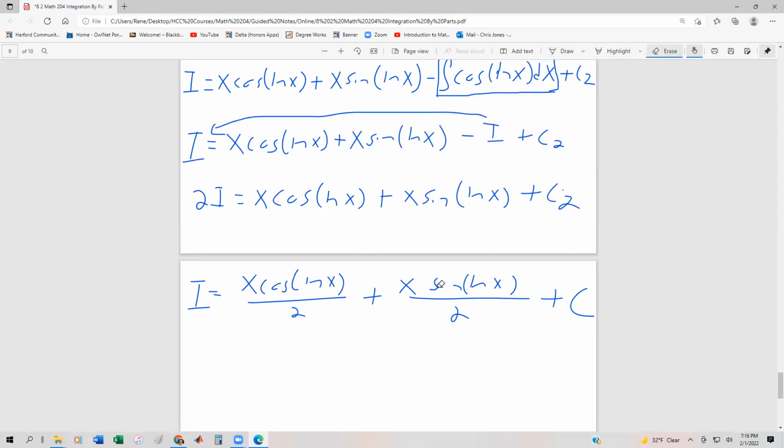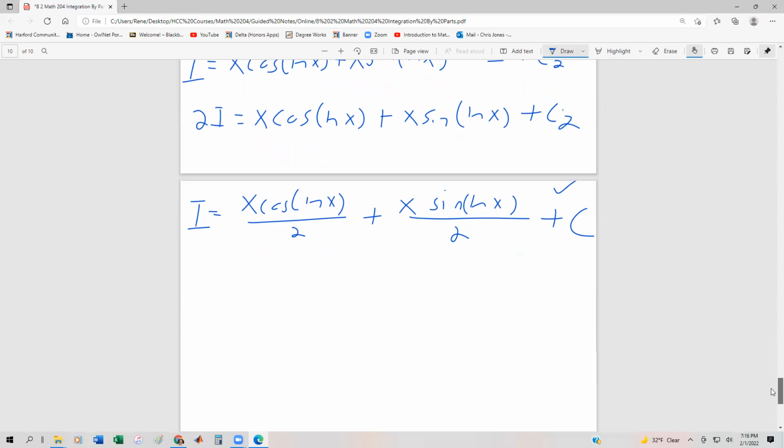Or we could factor out the x over 2 to make it nice, although if you got to this point, this is a perfectly acceptable answer in my book. But if you wanted to factor out an x over 2, we could write this as x over 2 times cos of ln x plus sine of ln x, plus constant of integration c.